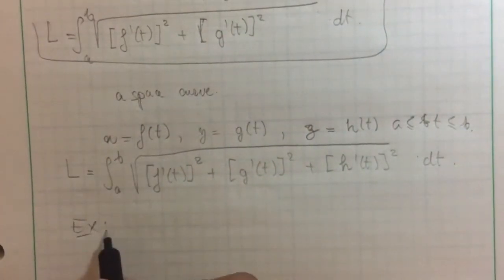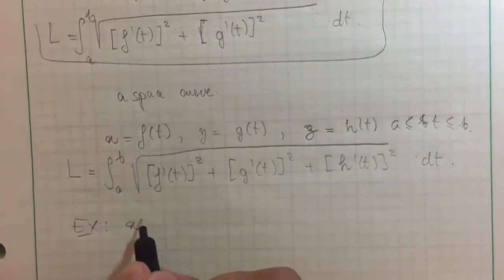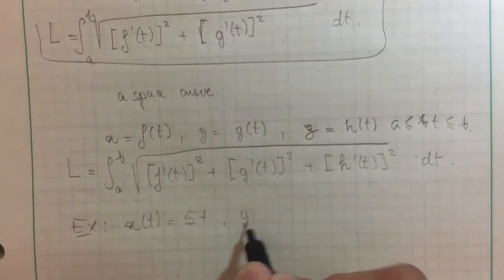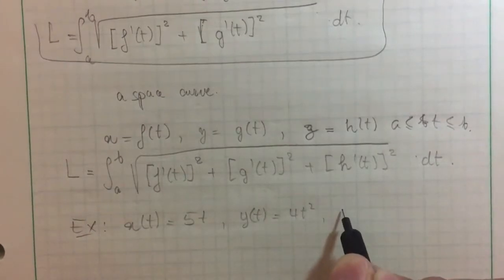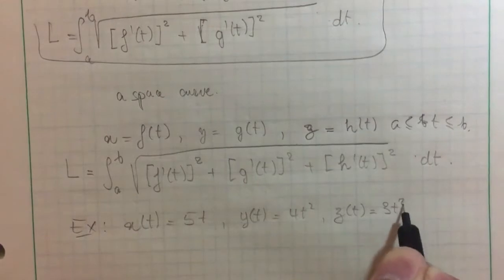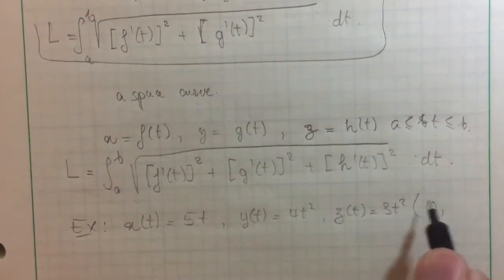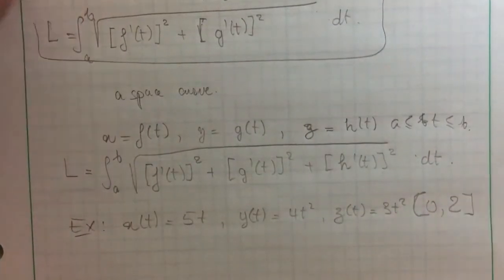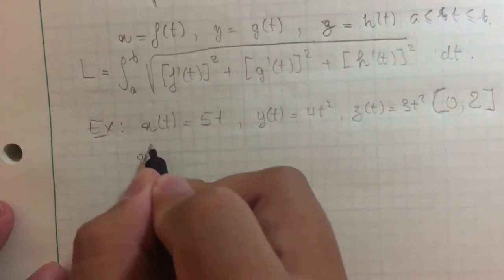Let's do one example to show this. We have x of t equal 5t, y of t equal 4t squared, and z of t equal 3t squared, from 0 to t. So we take the first derivative of everything.